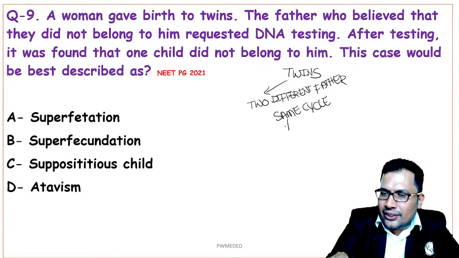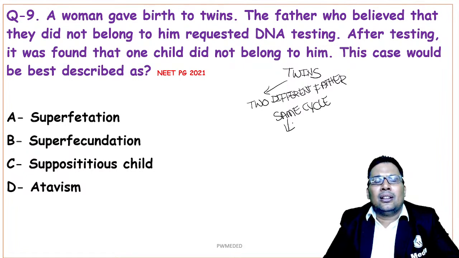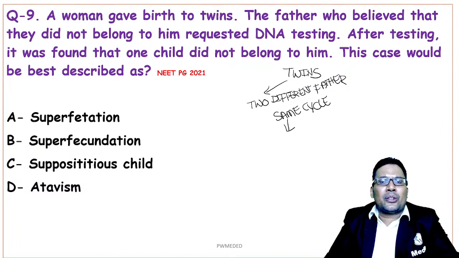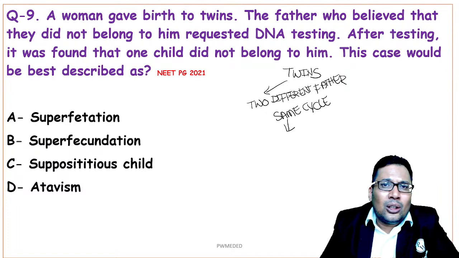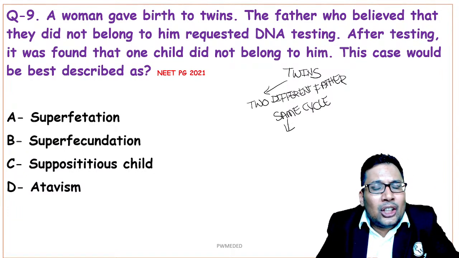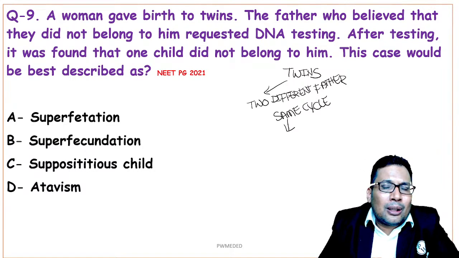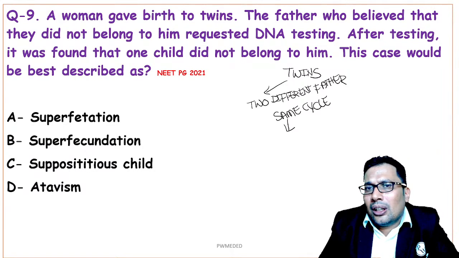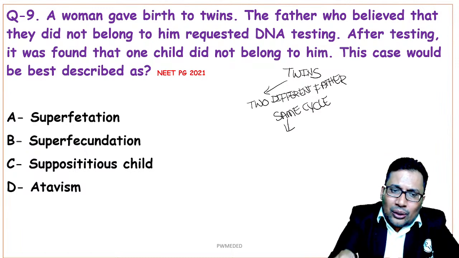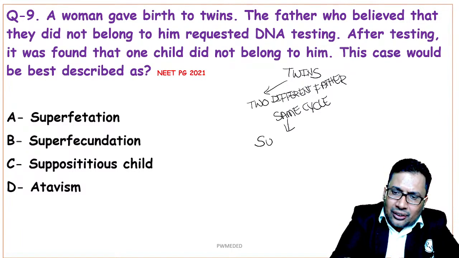Whenever this question is asked, two different fathers, it is when two ova are released in the same cycle and both are fertilized by two coituses, maybe by the same father or different fathers. That is known as superfecundation.